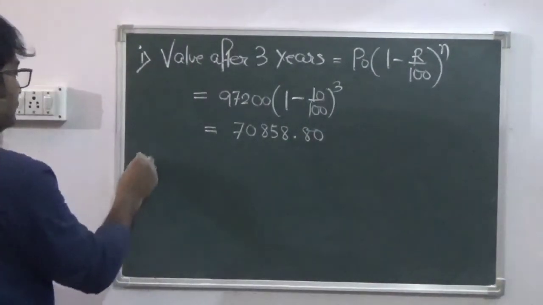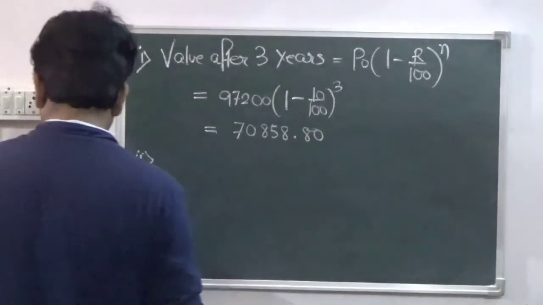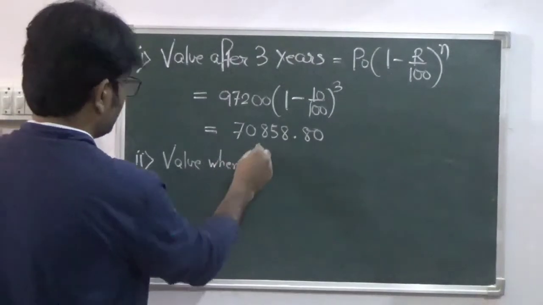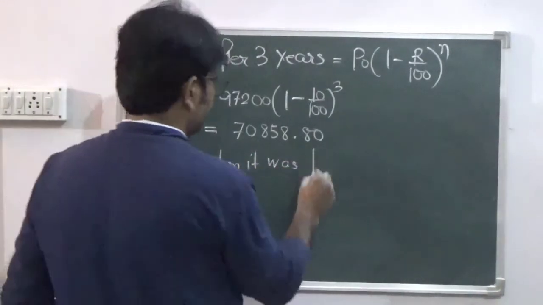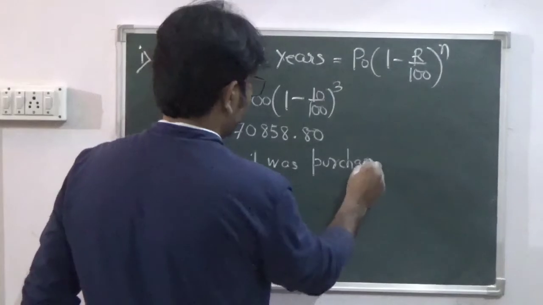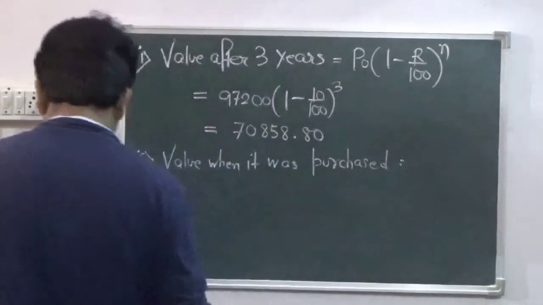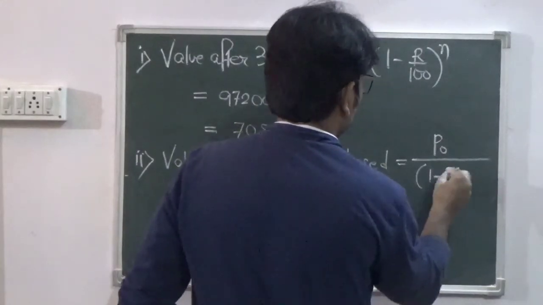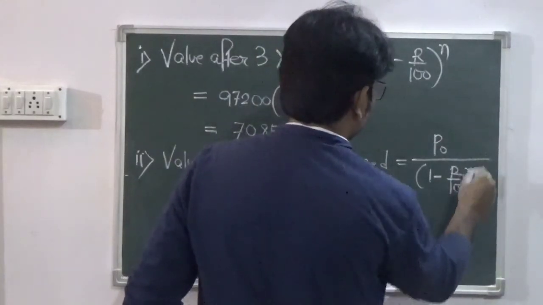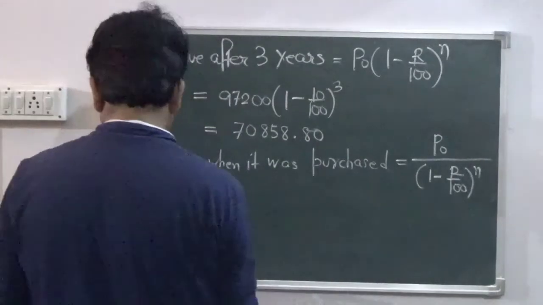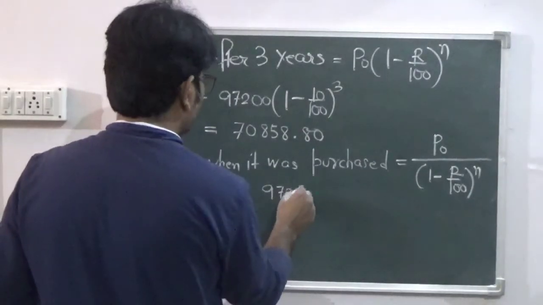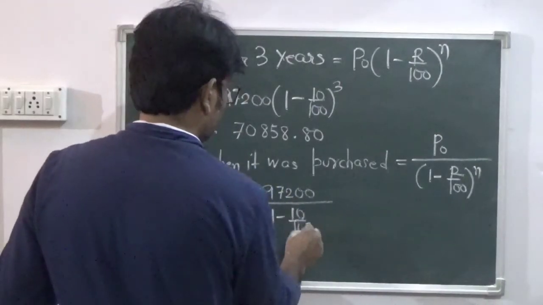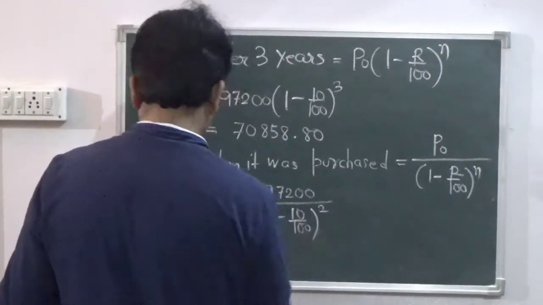And then number 2, I am leaving out the calculation. Value when it was purchased, 2 years back, is equal to P0 divided by (1 minus R by 100) to the power n. So this is equal to 97200 divided by (1 minus 10 by 100) to the power of 2.